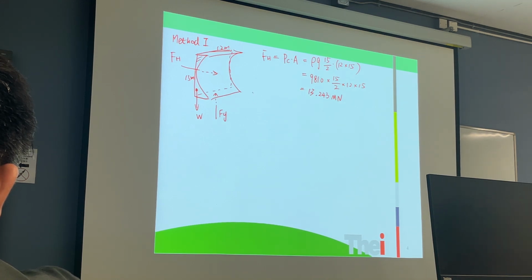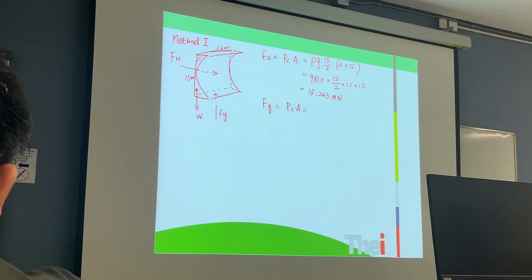Now the vertical force Fv is contributed by two things. Fy first. Fy is the bottom surface here. It's the upward pressure force. It's also calculated by the pressure at the bottom times the area.